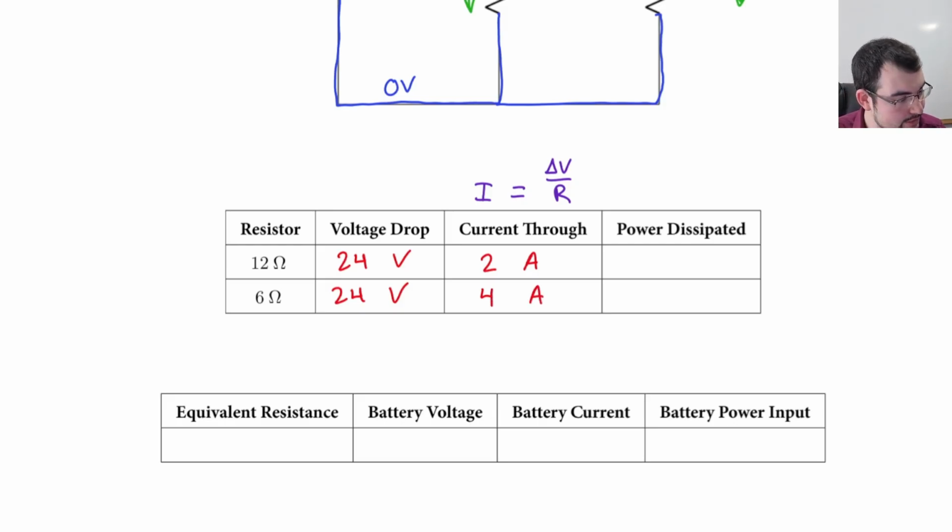Power dissipated. Power is I delta V. So you are 48 watts and you are, I believe, 96 watts.